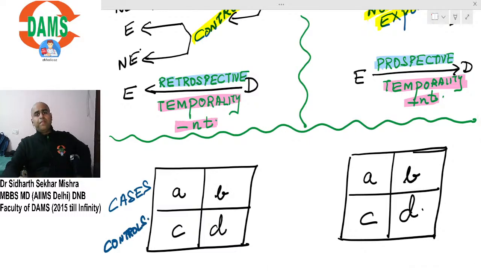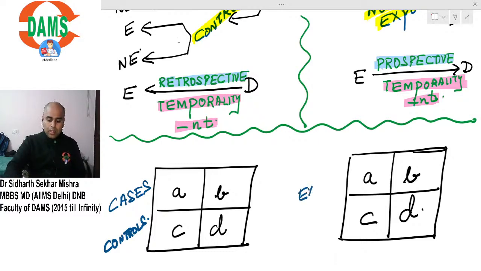Suppose you are doing a study where you want to see that Surbhi is a person who is wearing specs and Anil is a person who is not wearing specs. Surbhi is also a medico, Anil is also a medico. Surbhi is 23 years old, Anil is also 23 years old. So we generally try to select the similar population. So if you take cases from hospital, you will always take the controls from the hospital. You would not prefer to take them from the community. Okay, Anil. But please remember, this is not a theoretical thing. It depends upon what kind of study I'm doing. Based on that, I take my controls.